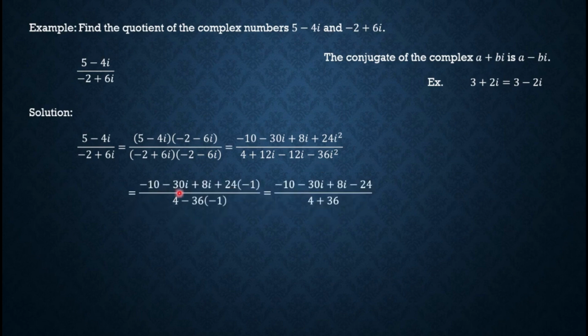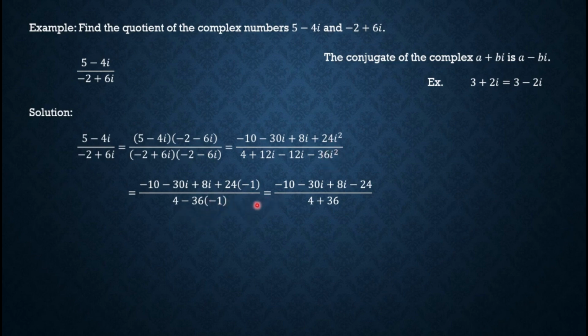Negative 10 minus 30i plus 8i plus 24 times negative 1. Remember that i squared is equal to negative 1. So we change the value of i squared into negative 1. For the 4 minus 36, also the i squared in the denominator, we change into negative 1.